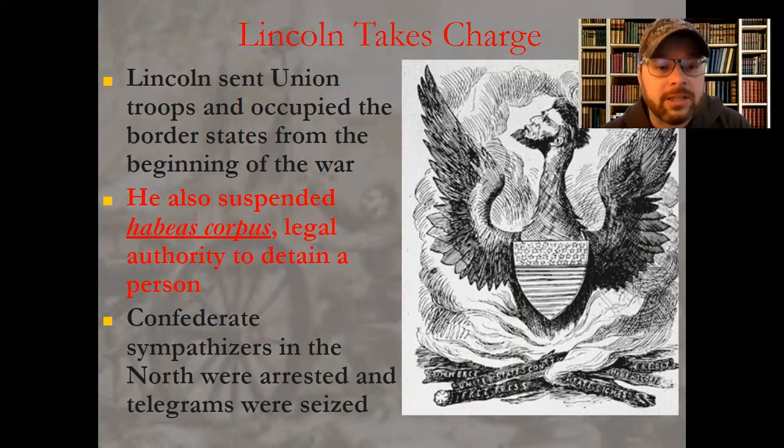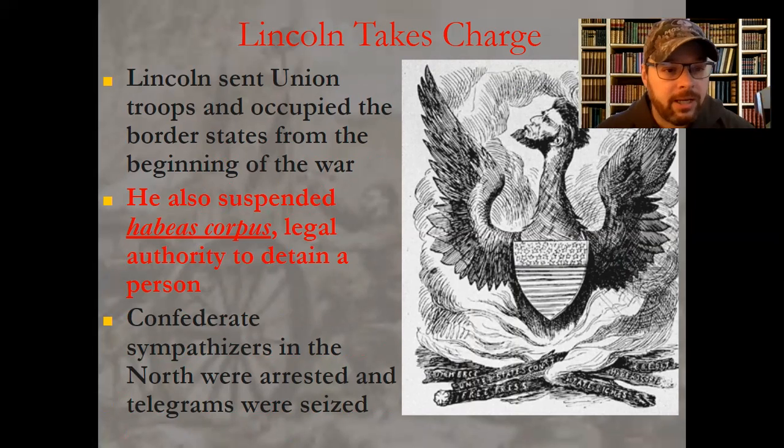Lincoln takes charge. Lincoln sent troops and occupied the border states from the beginning of the war. He also suspended habeas corpus, or the legal authority to detain a person. This was a big problem because it was, in Mr. Riley's point of view, a big blunder on Lincoln's part, because basically it just means that you can be arrested and put in jail and held in jail for no reason. You don't even have to be charged with anything. And now that goes against the Bill of Rights, which we've talked about.